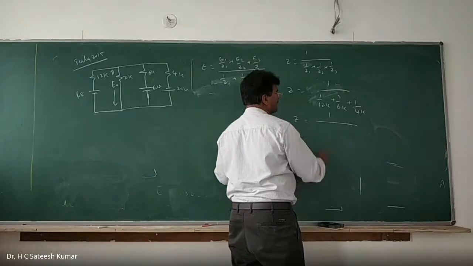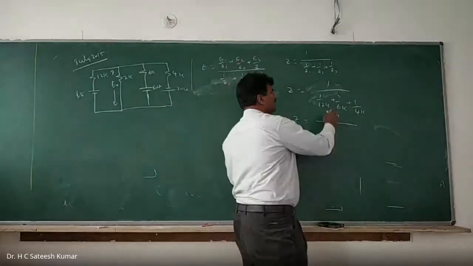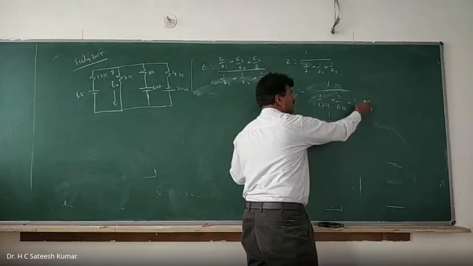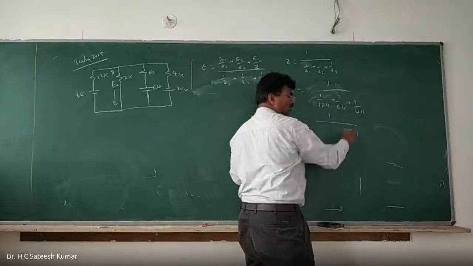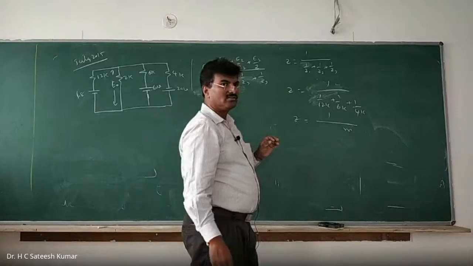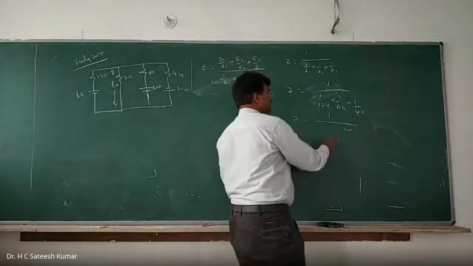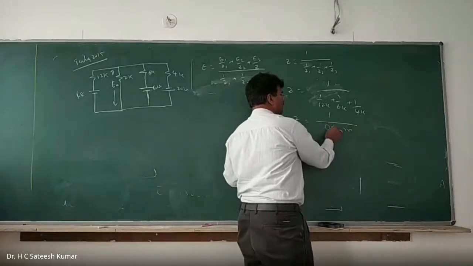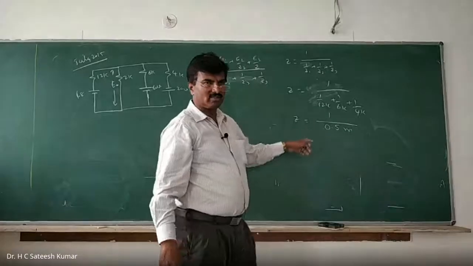In terms of 1 by milli, you will get it. Okay, you do one thing. K you take common and you make it as milli. This milli 1 by 12 plus 1 by 6 plus 1 by 4. Equals 0.5 milli.